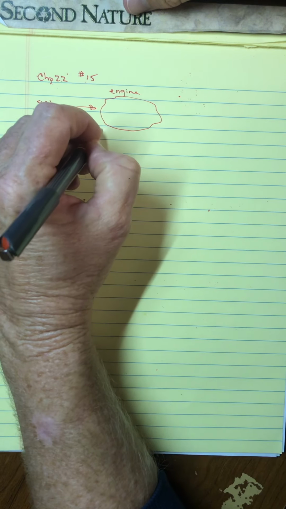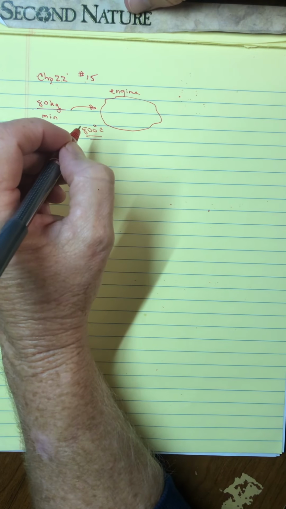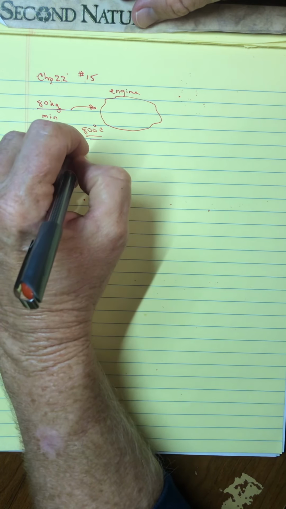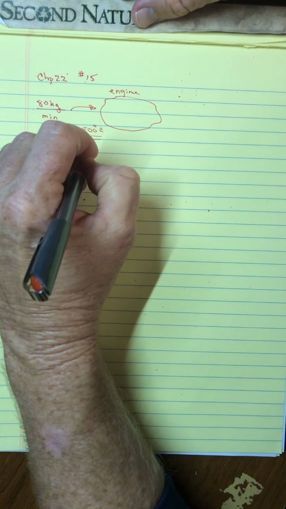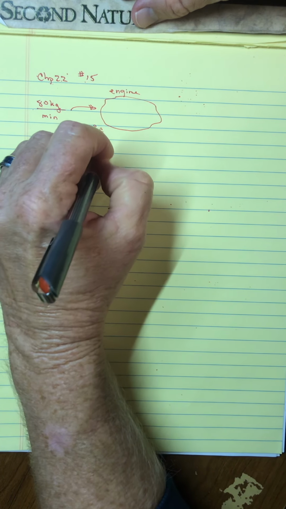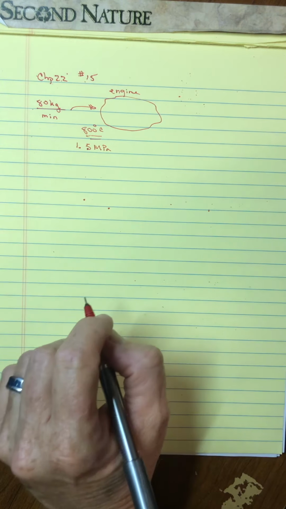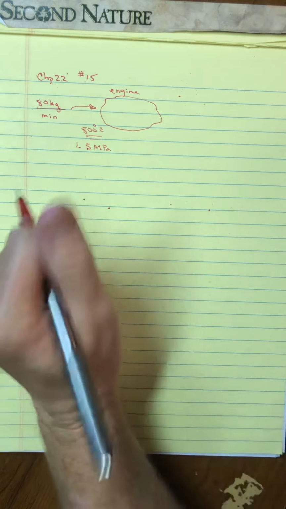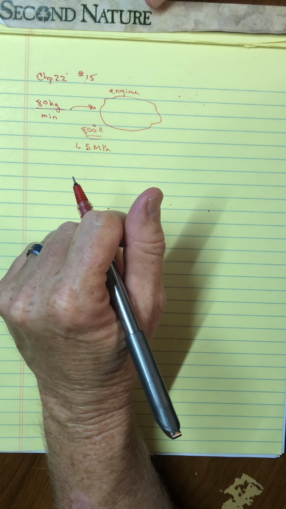They say the temperature is coming in at 800 degrees Celsius and at a huge pressure, 1.5 megapascals. Well, I guess I shouldn't say huge, but it's a big pressure for common things.